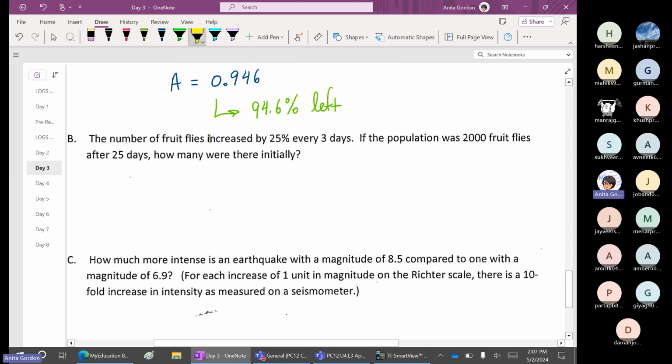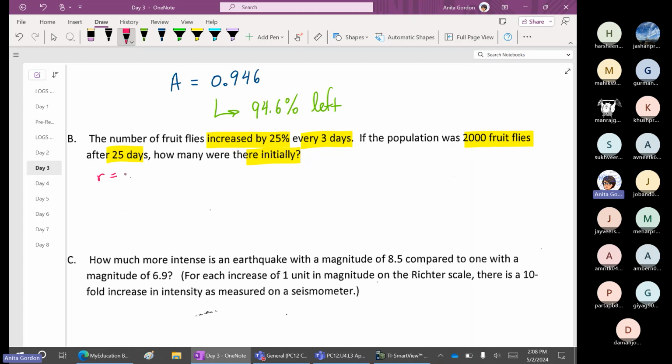The number of fruit flies increases by 25% every 3 days. If the population of fruit flies was 2000 after 25 days, how many were there initially? What do I know? I know my growth rate is what?